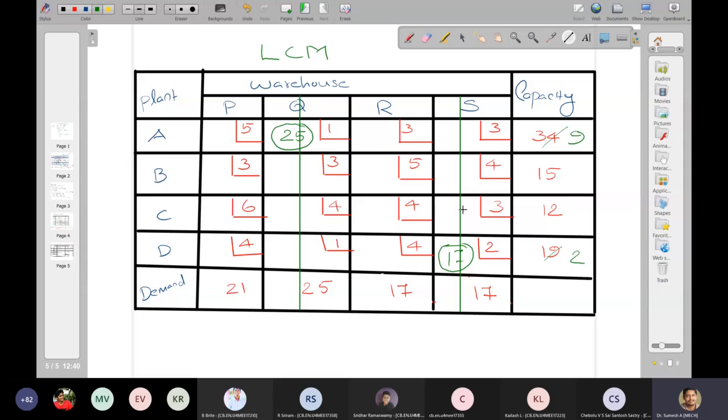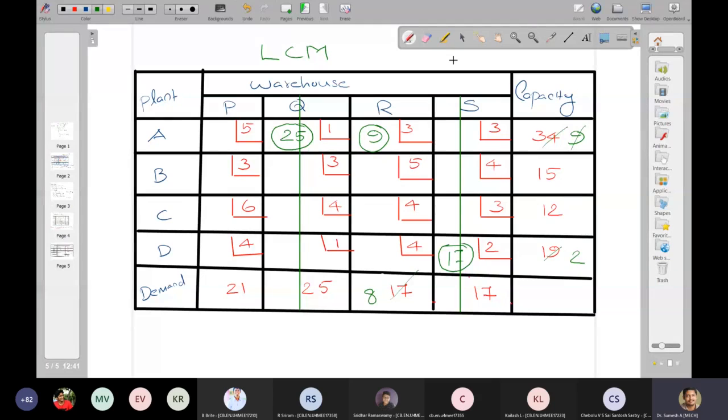The left out capacity of A is 9, having a demand of 17. So how much allocation can I give over here? 9. When I give 9, this 9 turns to 0, and 17 minus 9, 8 will be left out.